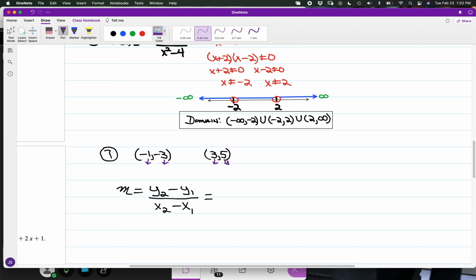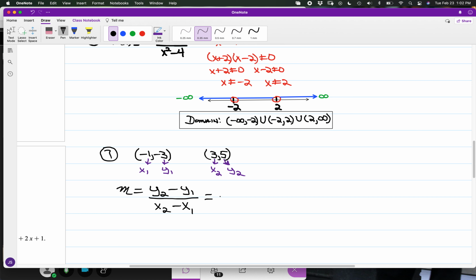Now remember, x comes before y. So with -1, -3, since that is mentioned first, we'll have this as the first set. And with 3, 5 given subsequently, we'll have this as the second set.